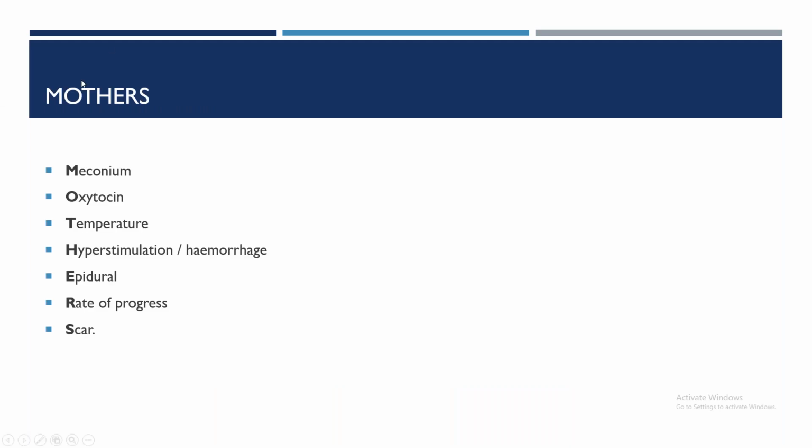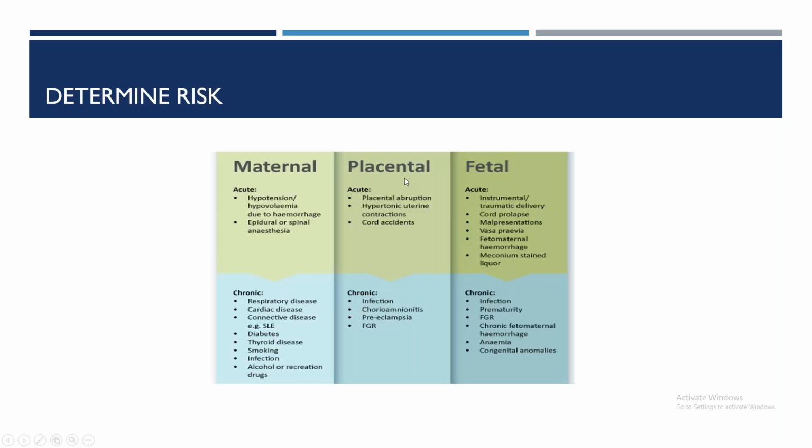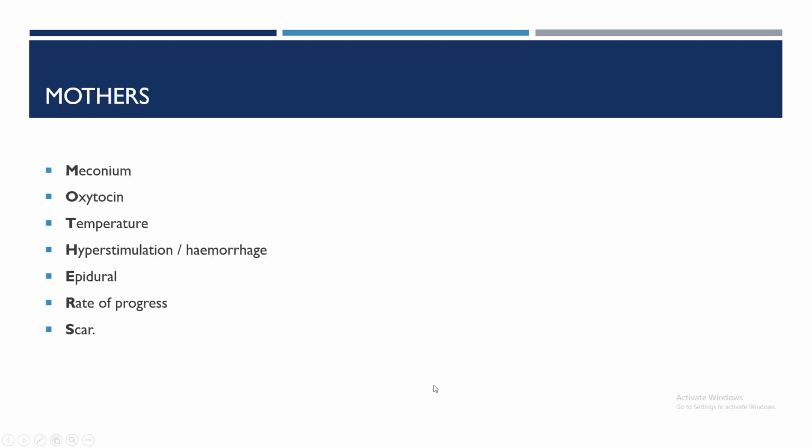Okay. So overall, in labor or intrapartum, these are the risk factors for which you are going to do the continuous fetal monitoring. In intrapartum, what you have to take into account is whether there is a presence of meconium, whether oxytocin is used, what is the maternal temperature, whether there is any hyperstimulation or hemorrhage, any epidural going on, the rate of progress of labor, and presence of scar.